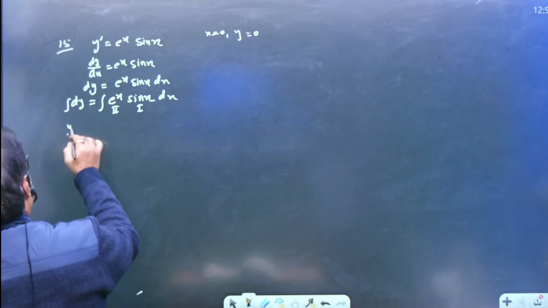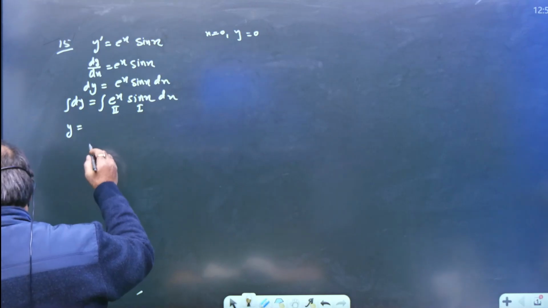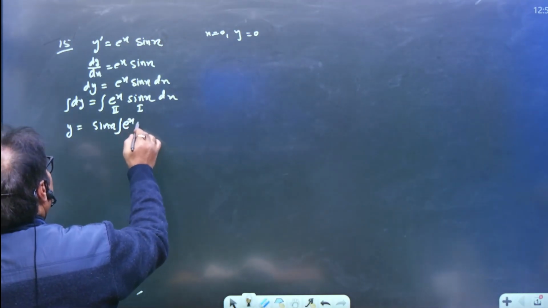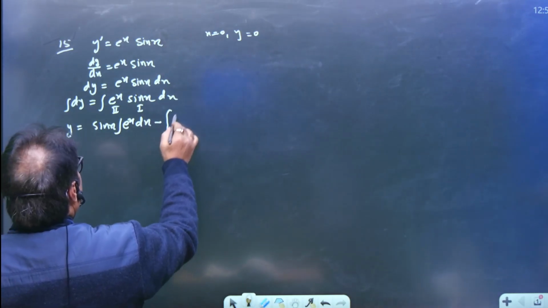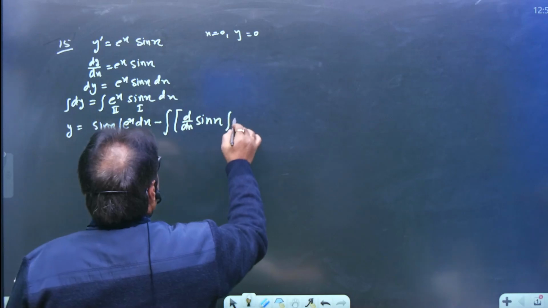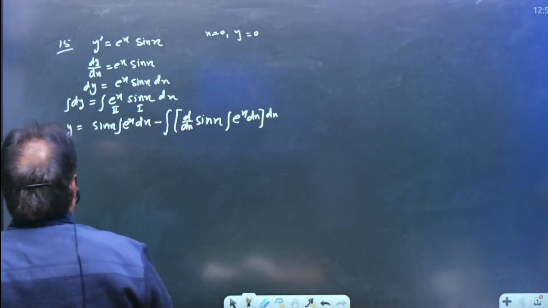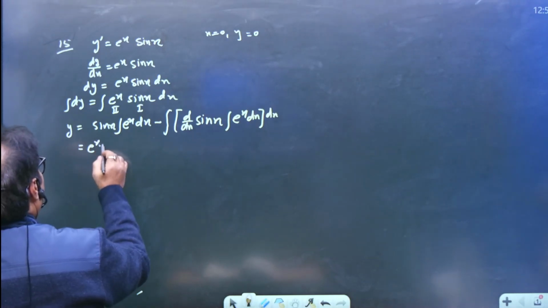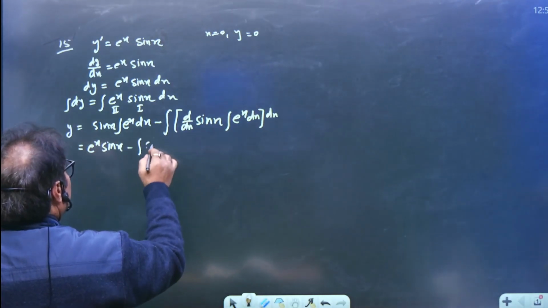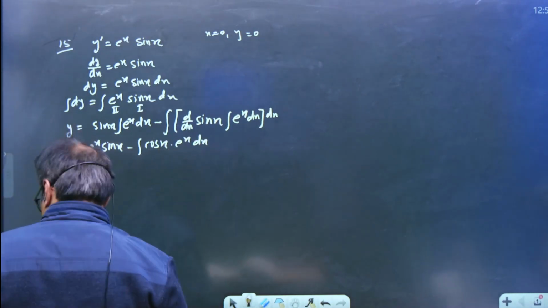So y is equal to sine x into integration of e to the power x dx, minus integration of d by dx of sine x into integration of e to the power x dx, and again dx. So this is equal to e to the power x sine x minus integration of cos x into e to the power x dx. Okay.